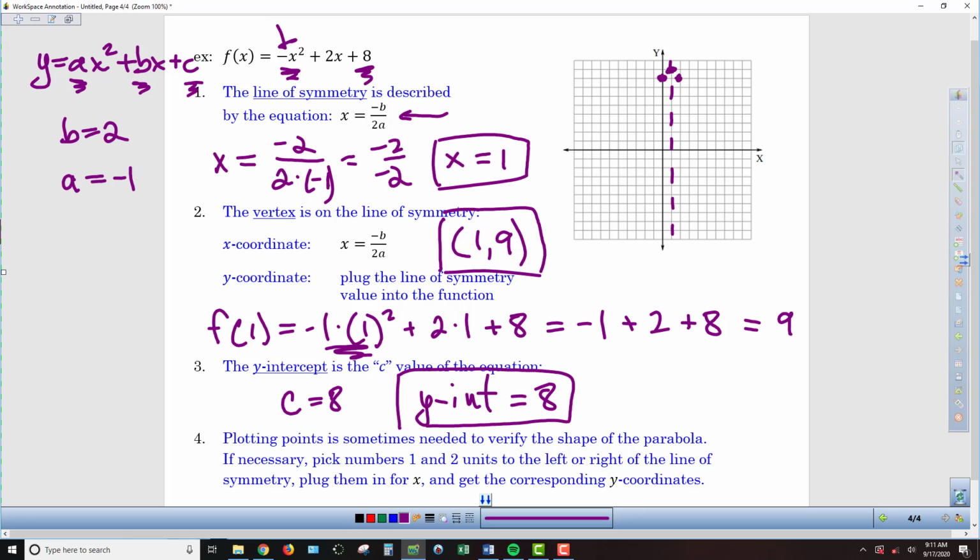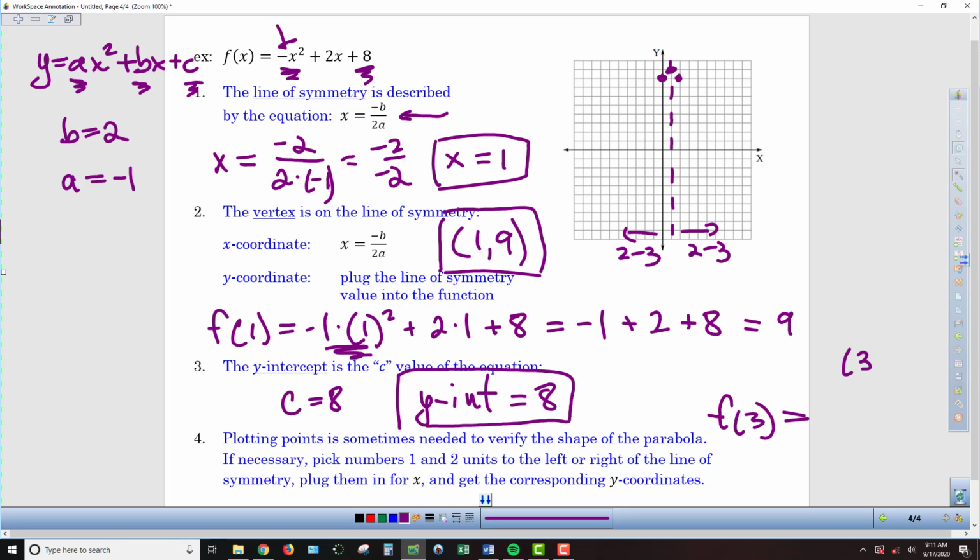So we can plug in a number that is 2 to 3 units to the right or to the left of our line of symmetry to give us a little more information. Since I've already got the points that are 1 unit to the left or right, I'm going to go 3 units to the left or right. So I'm going to plug in 3. I'm going to evaluate my function at x equals 3.